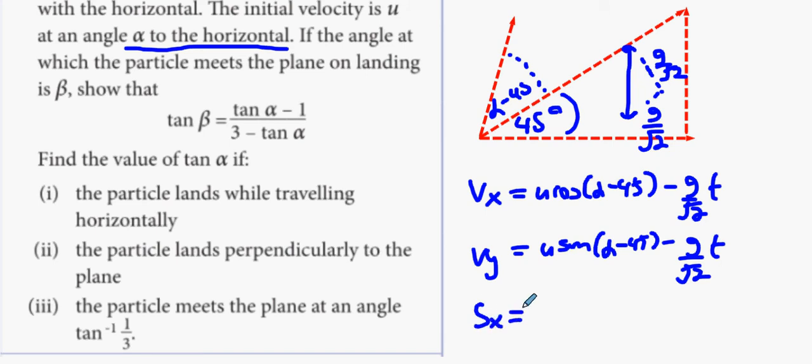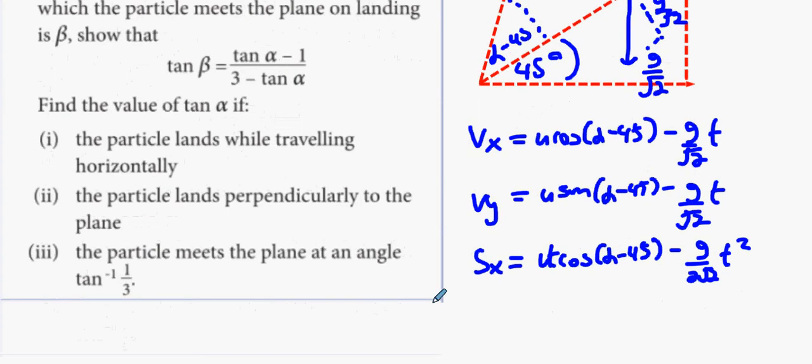Sx is going to be ut cos(alpha minus 45). Somebody check over this because I am going a bit faster than I comfortably want. So, Michael, have a look for errors, will you? You're pretty good at sniffing them out. Sy is ut sin(alpha minus 45) minus g over 2 root 2 t squared.